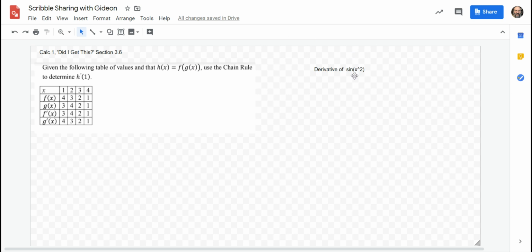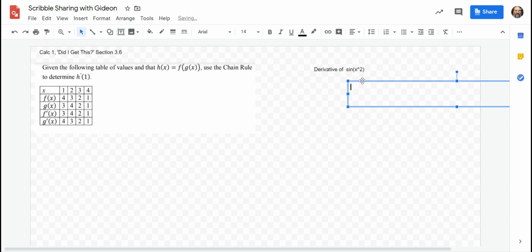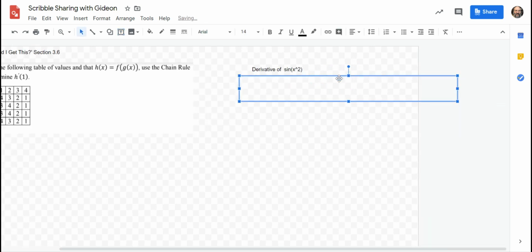Well, when we do the derivative of sine of x squared, if you've gotten proficiency with the, let's call it, algebraic approach, the answer would be pretty simple. It's not meant to be hard, right? You take the derivative of the sine, which is cosine.